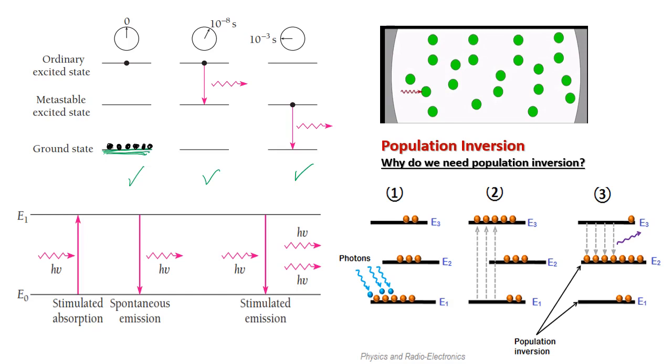That is what we consider as the ground state, the lowest energy level which can exist in a system.